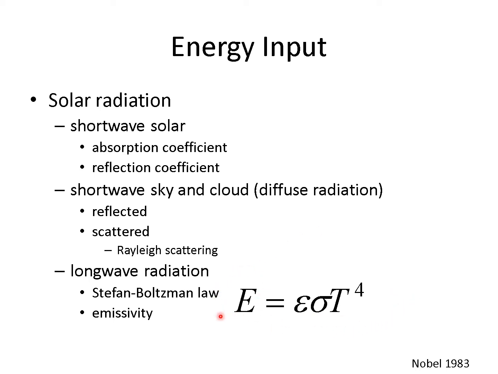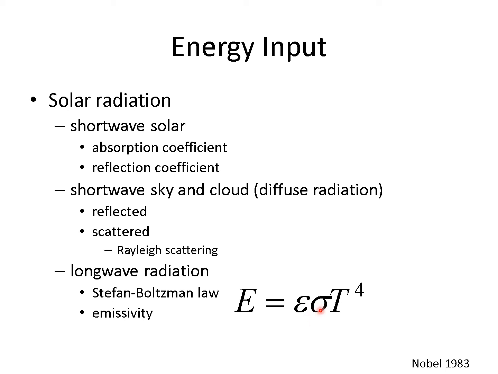The Stefan-Boltzmann law says the amount of long-wave radiation emitted by an object is a function of the temperature of that object in Kelvin raised to the fourth power, along with the emissivity and the Stefan-Boltzmann constant. Okay.